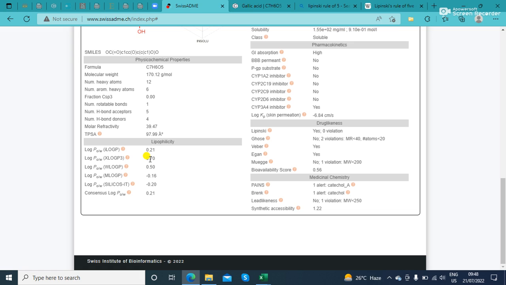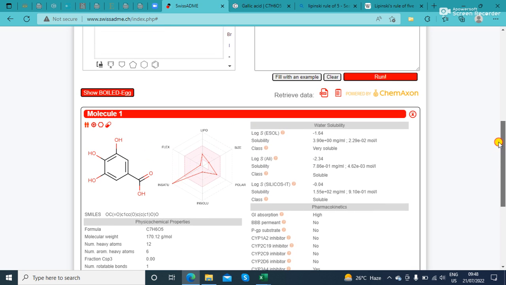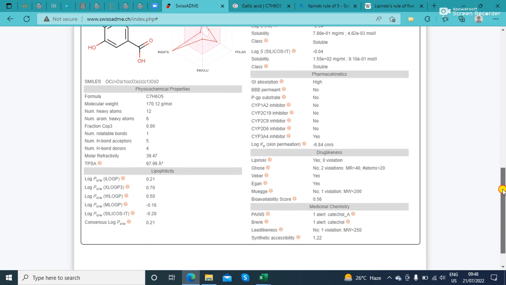So our log P is 0.77, which is also less than 5, because the rule says it should be less than 5. So Lipinski's rule in this particular case for this compound is respected. So the drug likeness is yes, this compound is likely to be a drug.